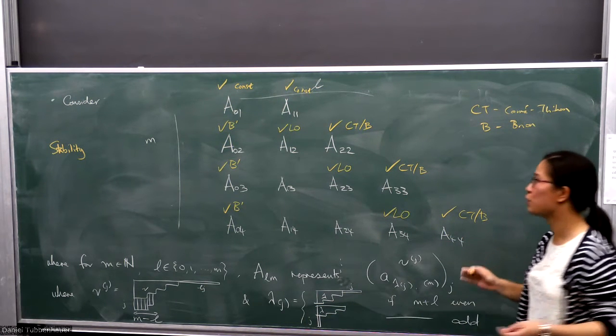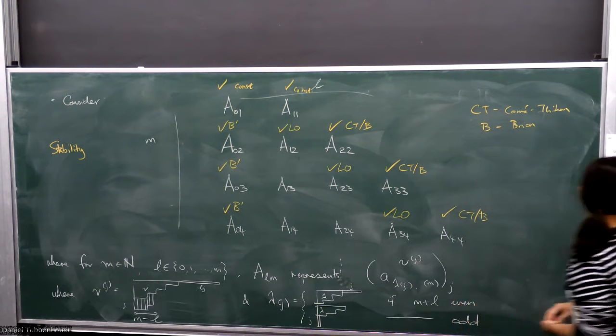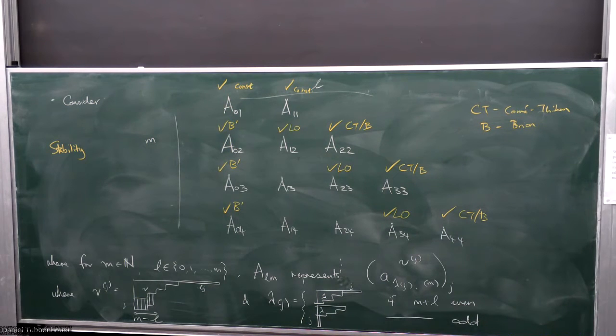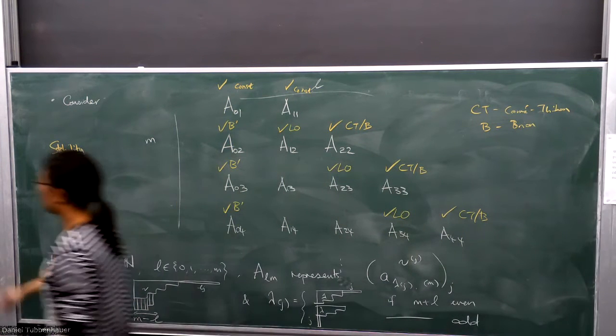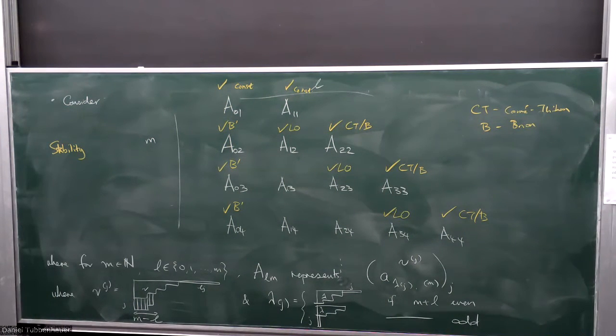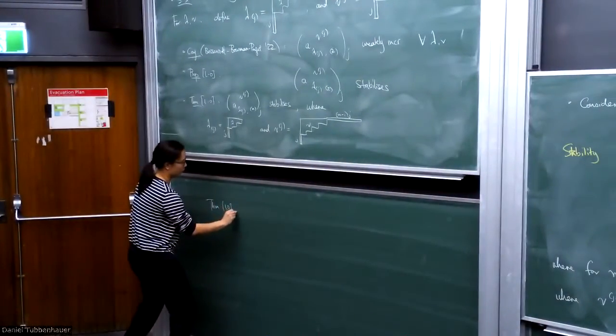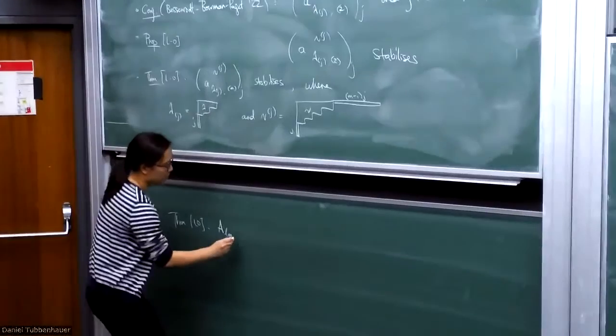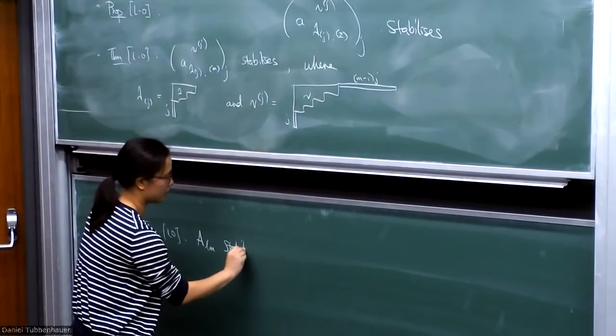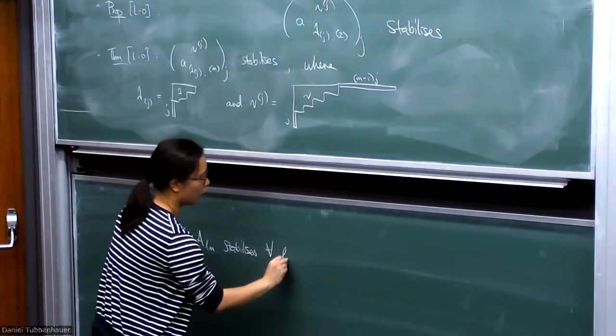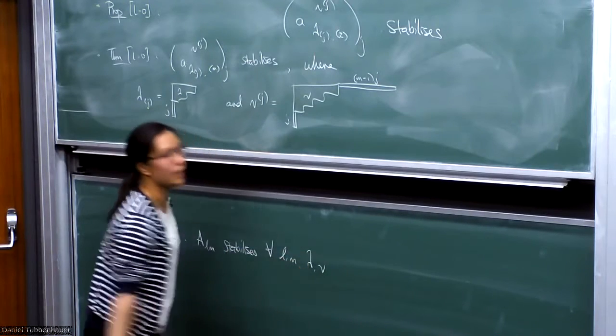So that's no real surprise there. So just to record, theorem: A_{L,M} indeed stabilizes for all L and M and lambda and mu.